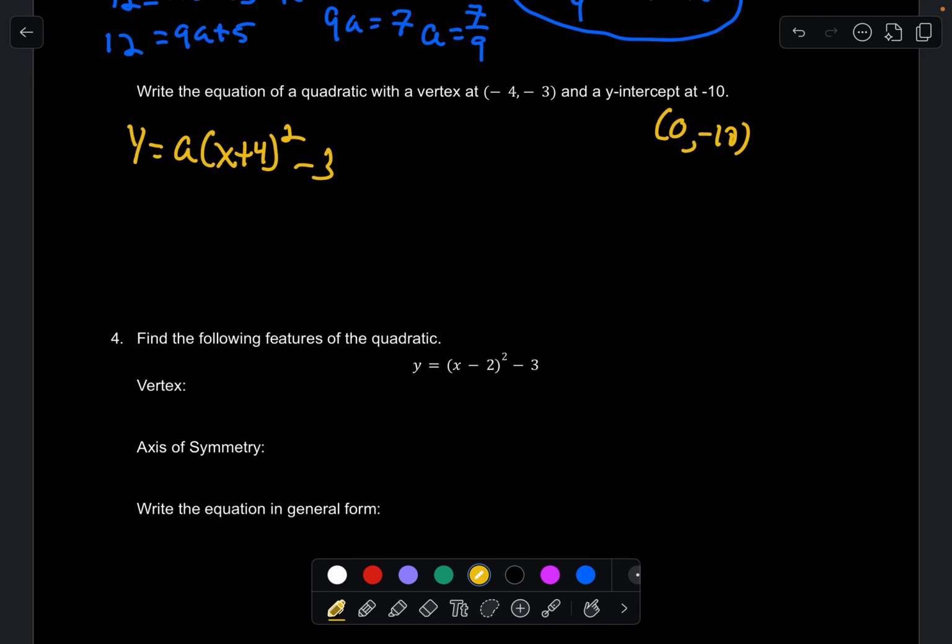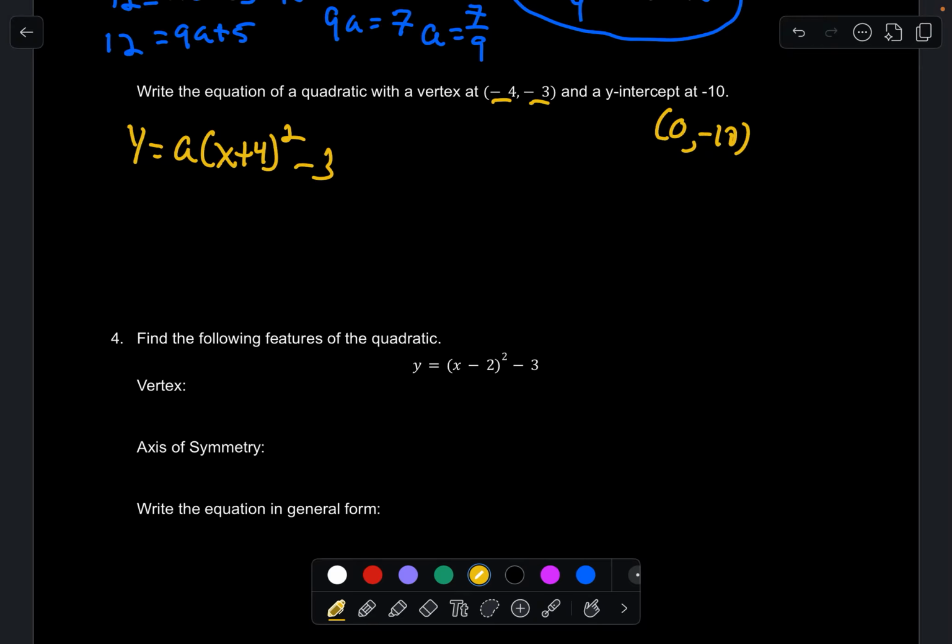Okay, that's (-4, -3). Notice your x's are liars. So yes, the vertex is at (-4, -3), but it's x plus 4 squared minus 3. All right, your x's are liars.